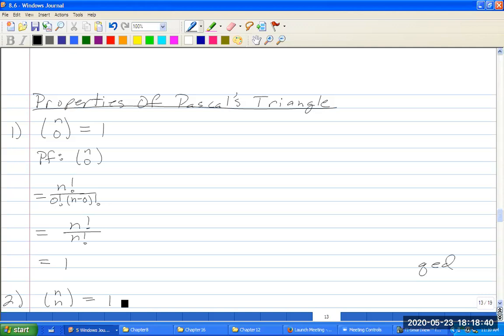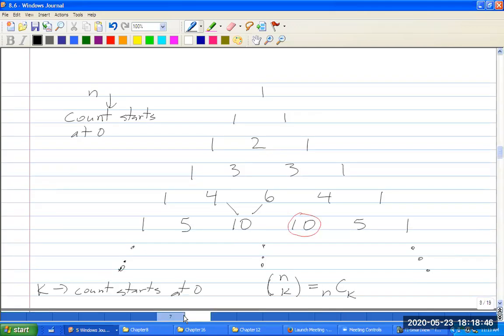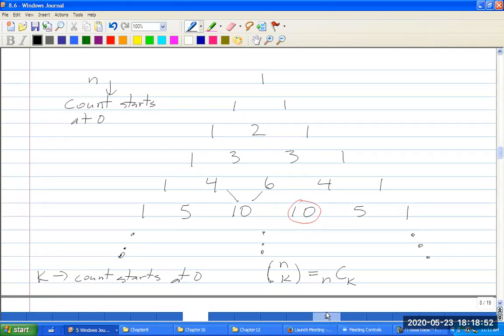nCn is equal to 1. Well, that just says that this side of Pascal's triangle is always equal to 1. And so, let's do this.